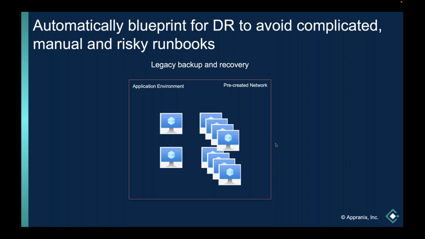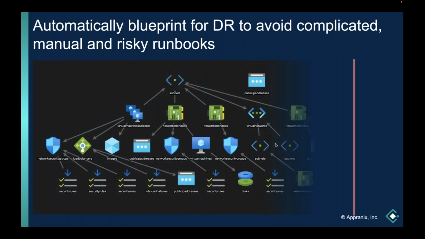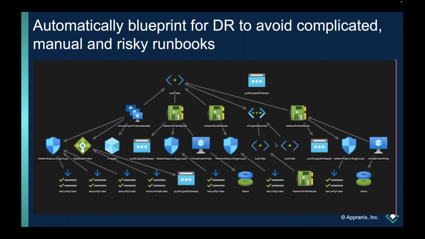That was the approach before this application resilience oriented approach came in. What if you have the possibility to click a button and get the entire application environment with all the dependencies, all the configurations, all the application images that are captured incrementally, all your scale sets, all your auto scaling configurations, all created automatically?